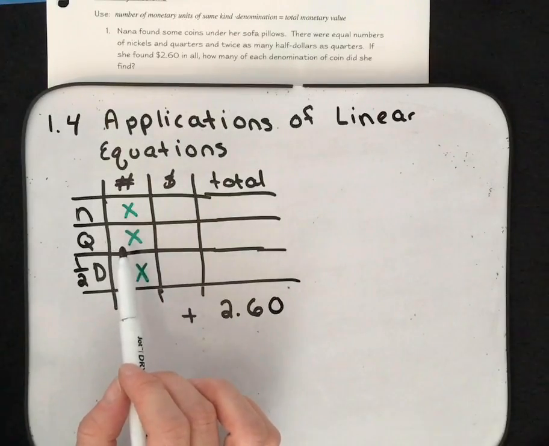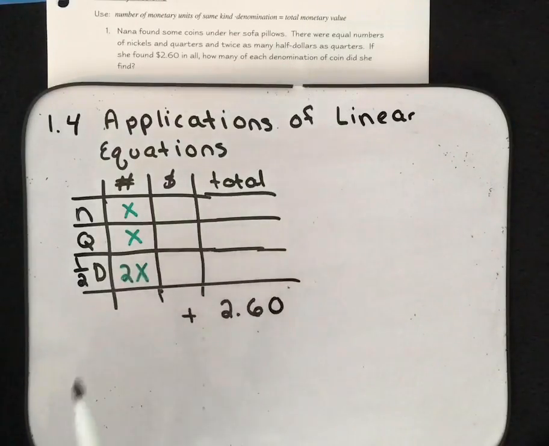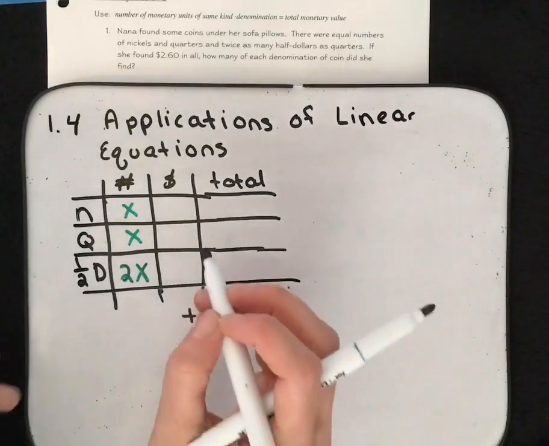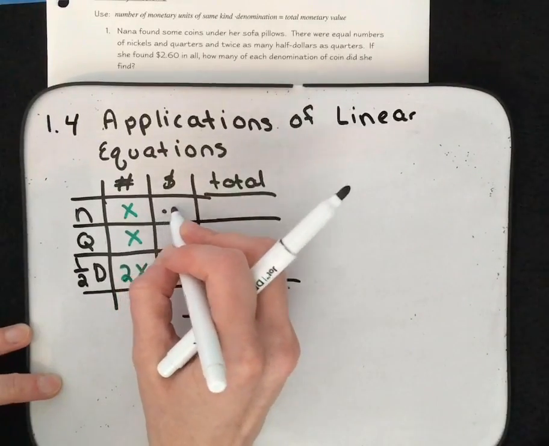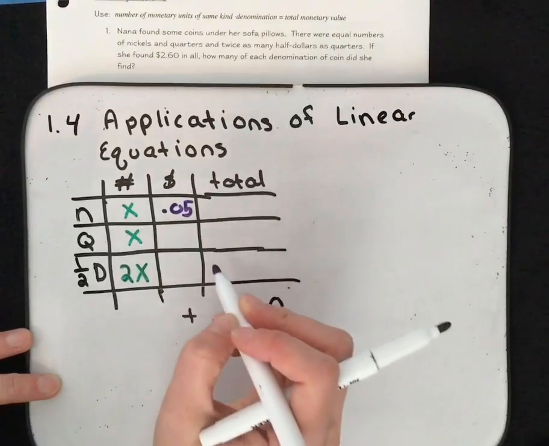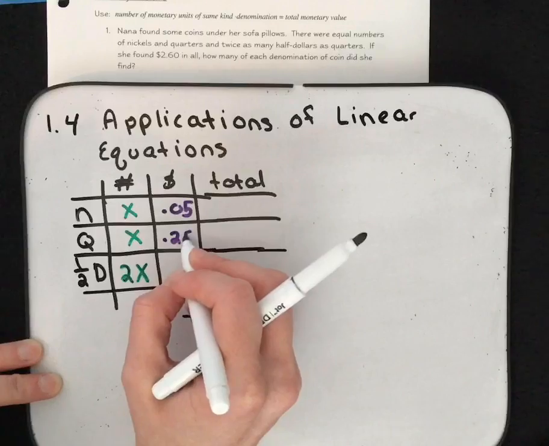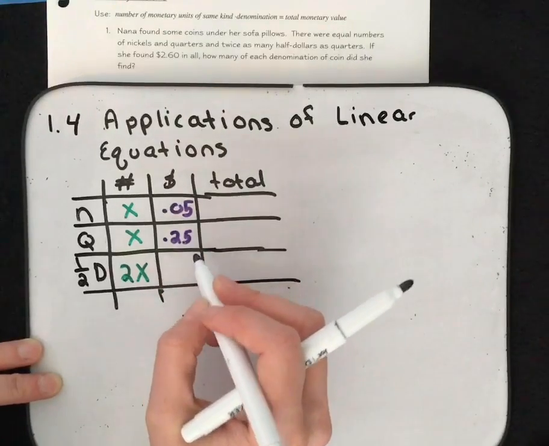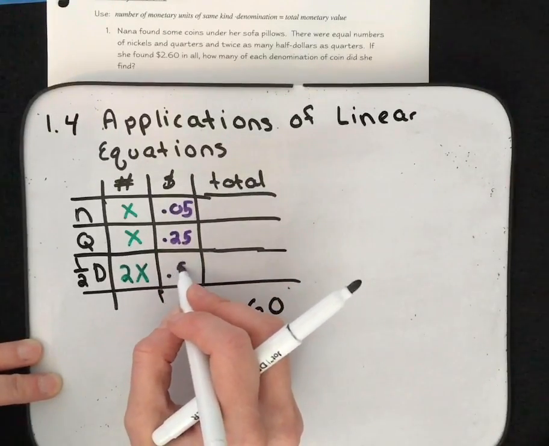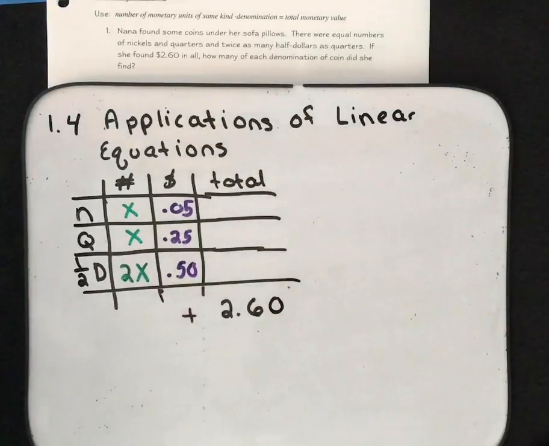I need to know how many quarters because that would give me the value of the quarters, and same with half-dollars. We know that a nickel is worth 5 cents, so 0.05 is the value of our nickel. We know that a quarter is worth 25 cents, so 0.25. And we know that a half-dollar is worth 50 cents, so 0.5, or 50 because we're looking at the money for 50 cents.